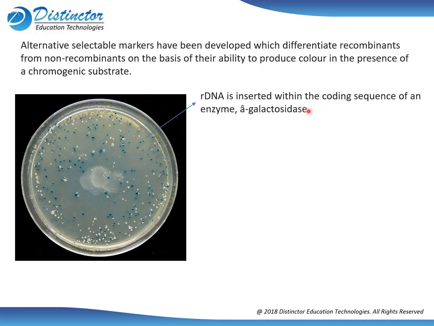So in that, if a region is going to produce an enzyme called alpha galactosidase or beta galactosidase enzyme, and the foreign DNA is inserted in the area where they are able to produce the galactosidase enzyme, it is going to be inactivated, because we introduce a foreign DNA in that enzyme region.